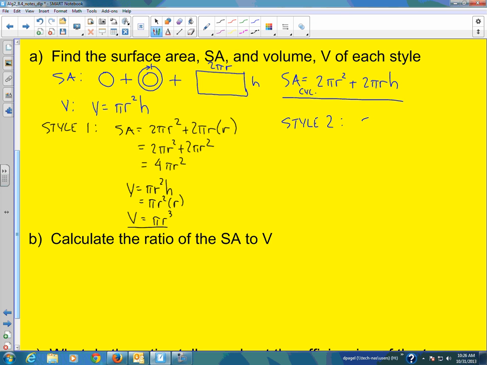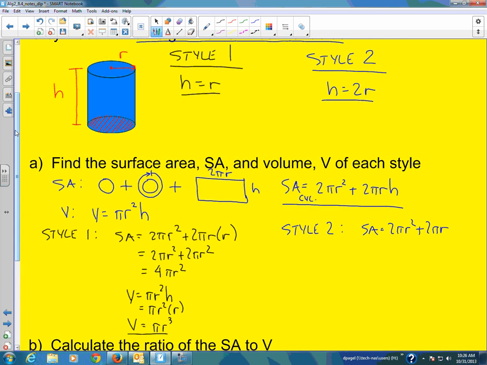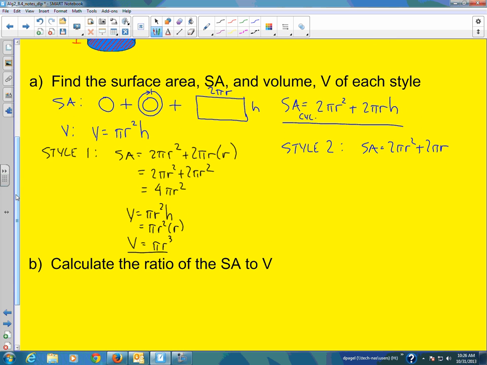we have that the surface area is equal to 2 pi r squared plus 2 pi r. But now our h is twice the radius. So we have 2 pi r squared plus 4 pi r squared, which simplifies to 6 pi r squared, surface area-wise.